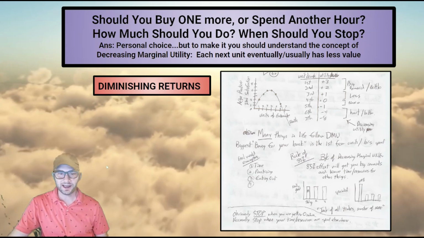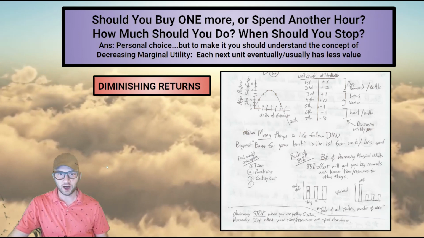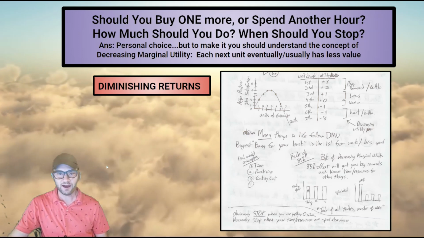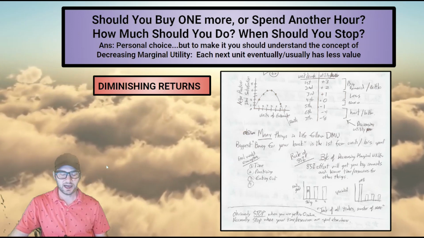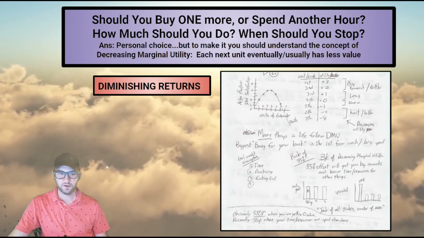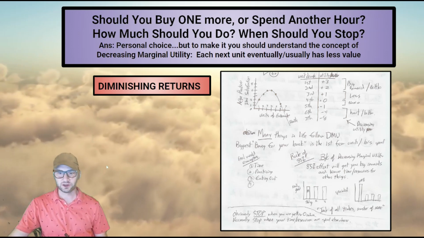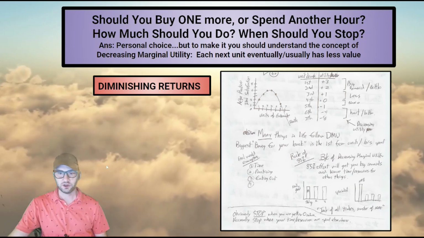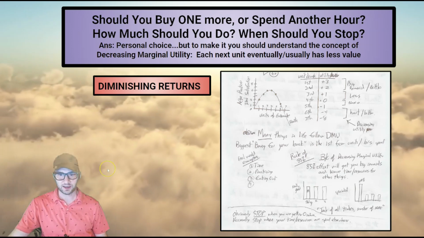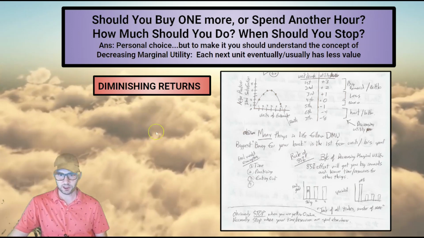Okay? So it is not the case that you can just load up and do it ad infinitum forever and make the same gains. You're going to come to the point where spending that next hour, maybe you should have spent it doing something else, because the gain you get is so small since you've already spent so much time doing something. The concept of diminishing returns.